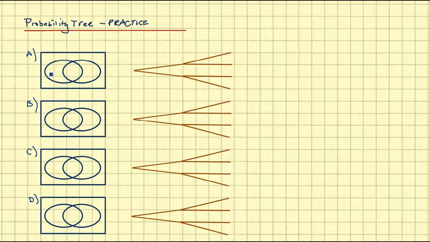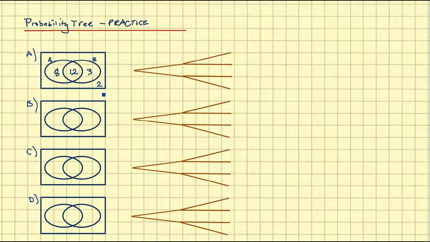So we'll start with 8 and 3 and 12 and 2. And this is event A and this is event B, obviously. Okay, so we're going to interpret this diagram and fill in the tree.